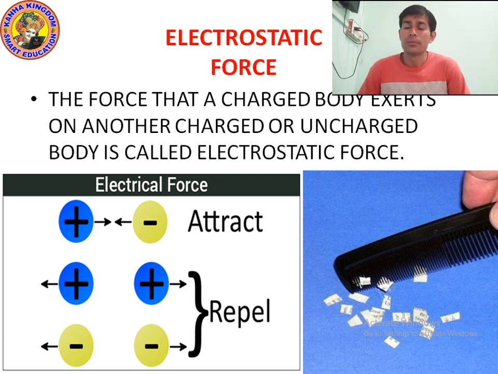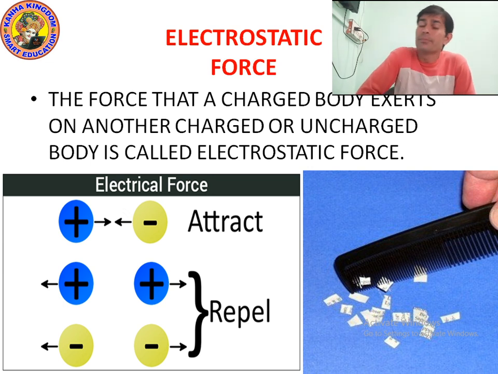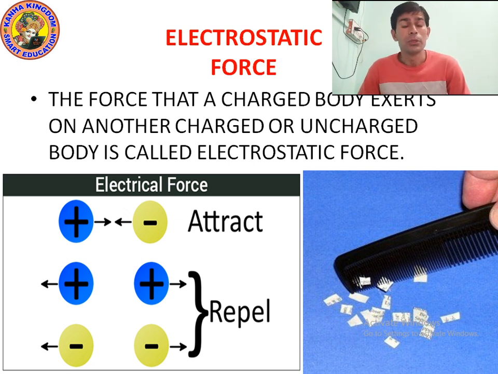When you bring the pieces of paper near the scale, they will attach to the scale. How is it possible? We did not use any magnet. The scale is not a magnet. Then how can the scale attract these pieces of paper?